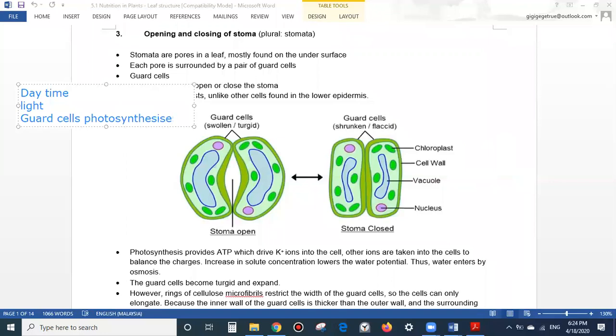And then they will absorb light energy and convert it into chemical energy, resulting in the cells being able to carry out active transport. So the cells will pump in potassium ions.